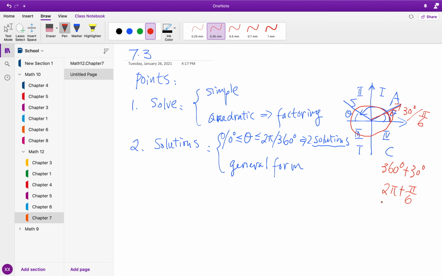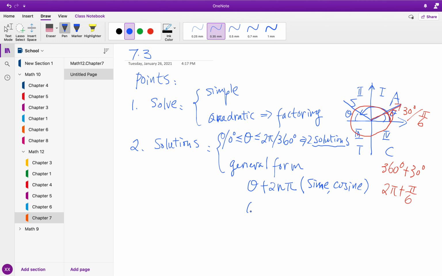So in this case, the general form means that if your solution, your x, is a theta, this would include 2n pi, many 2 pi added on, which is for sine and cosine, because the cycle of sine and cosine is 2 pi.